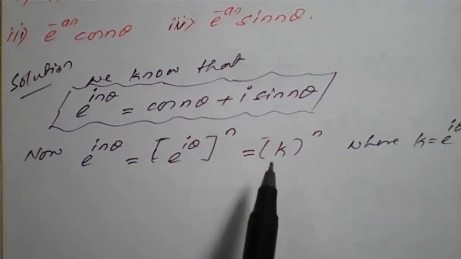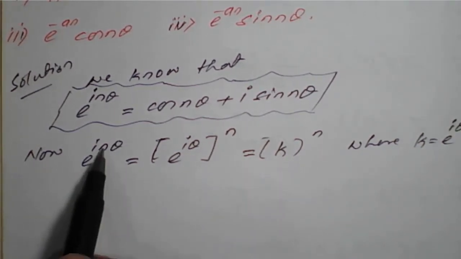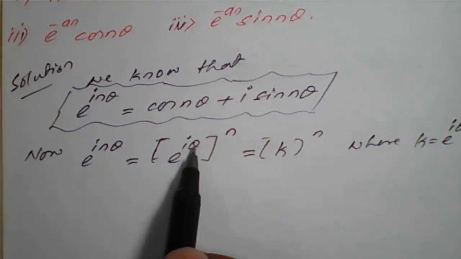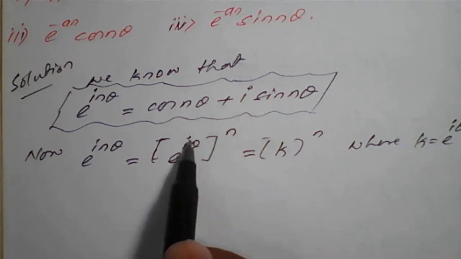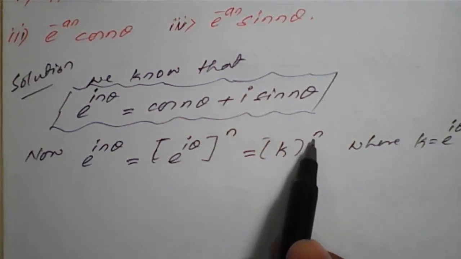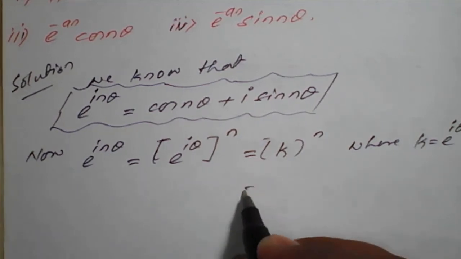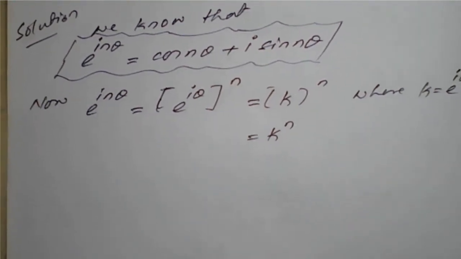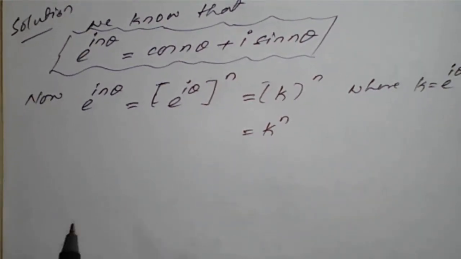So e raised to i n theta is e raised to i theta whole raised to n, and since e raised to i theta is considered as k, it is k raised to n. So I can simply write k^n also. This is one of the basics we are required to prove.